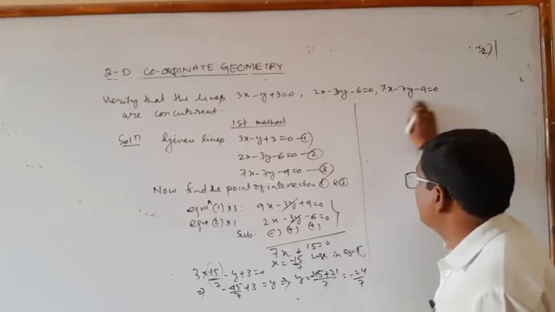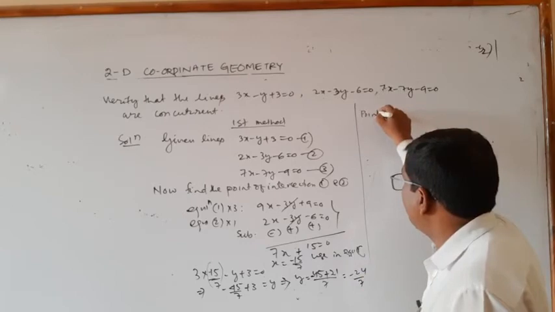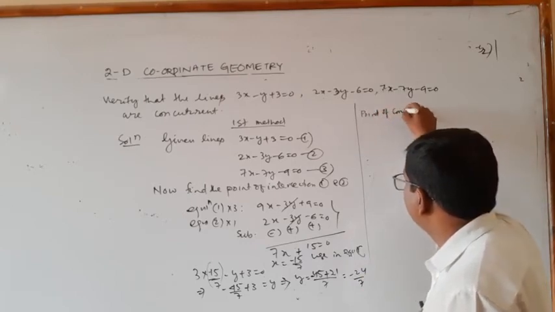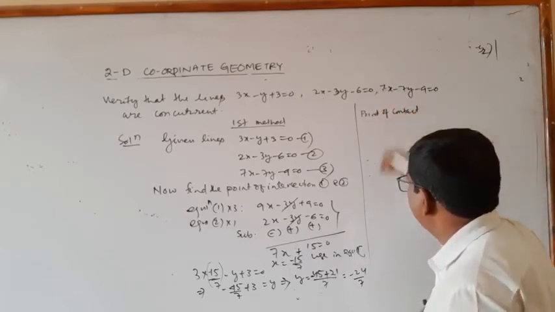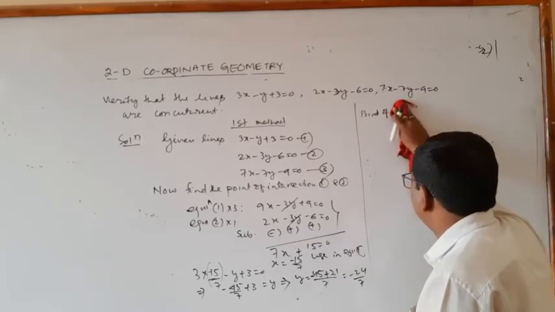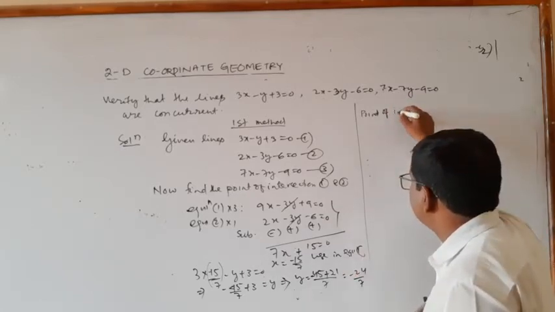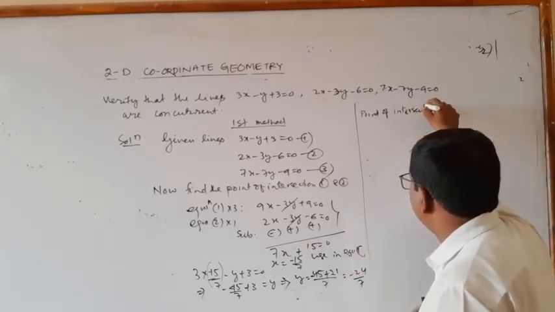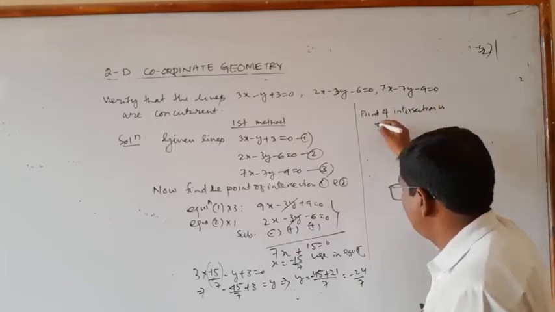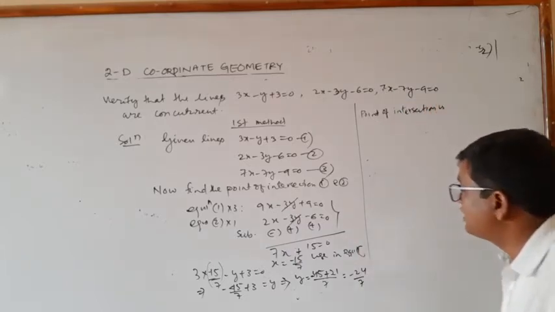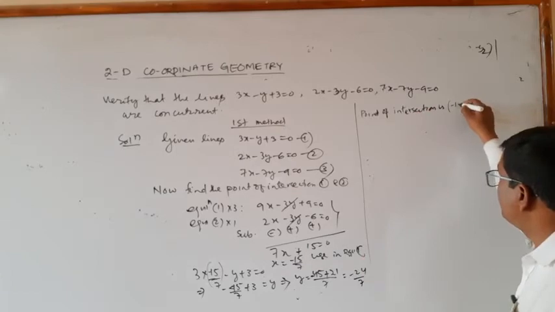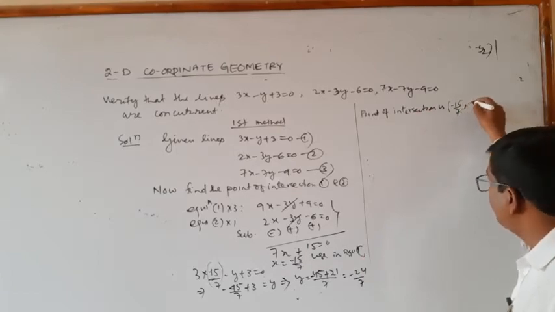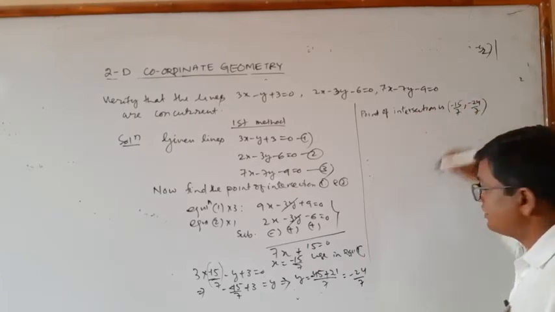Now the point of intersection is, the x value minus 15 by 7 comma minus 24 by 7.